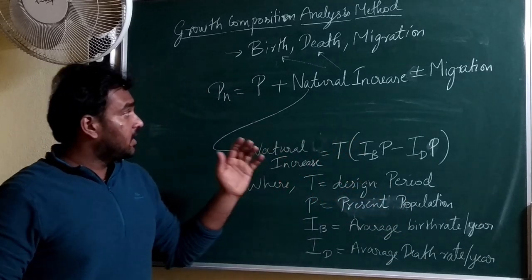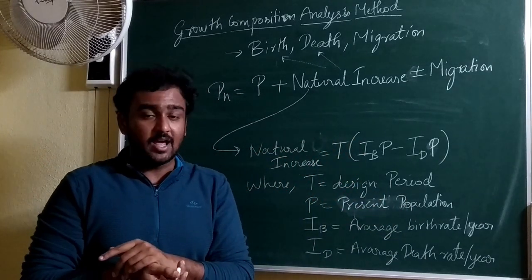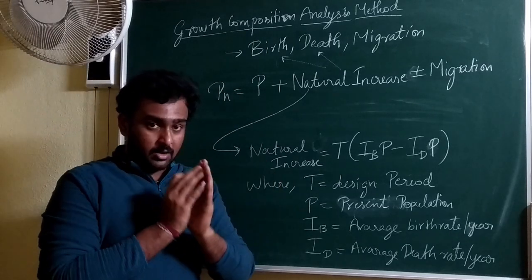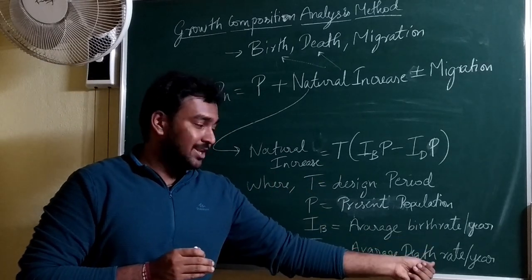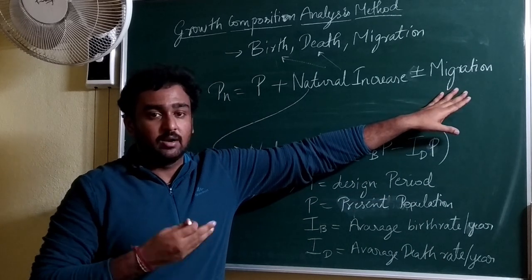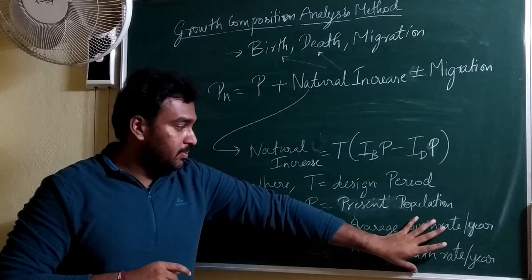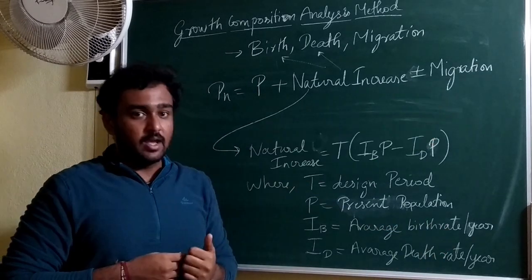To get a reliable estimate from this method, we need the actual birth rate, death rate and migration rates of that country or city from the local authority. If I get these, I can depend on the estimates obtained by this method.